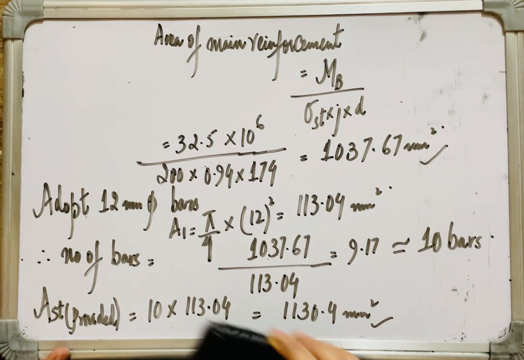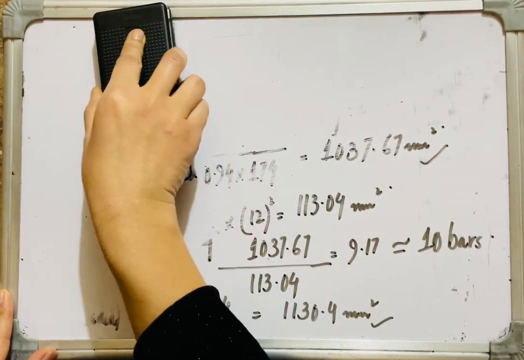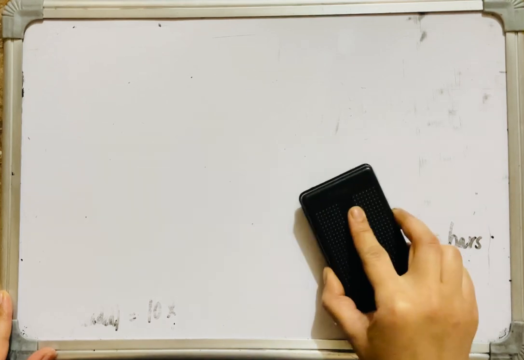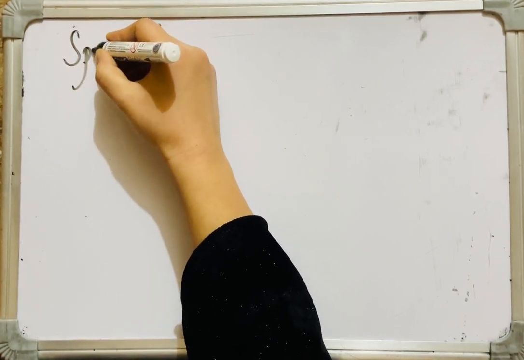Now after that I have to calculate at what spacing I'll be using these bars. How do we calculate spacing between the bars?